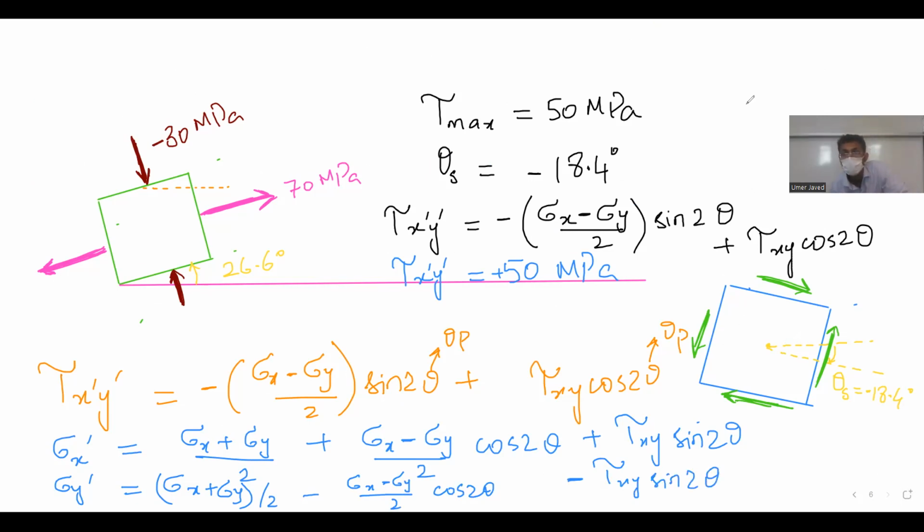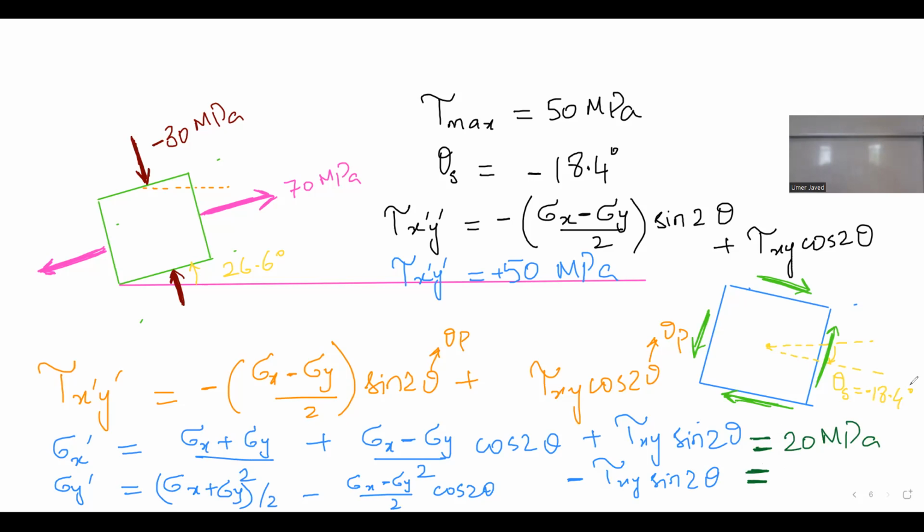Okay, stress x prime is 20. Can you also double check stress y prime for me? Ghazal will do it, and Abu as well. And all of you, please, you also do stress y prime.